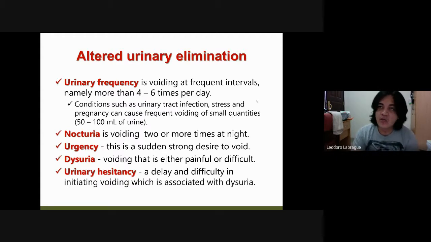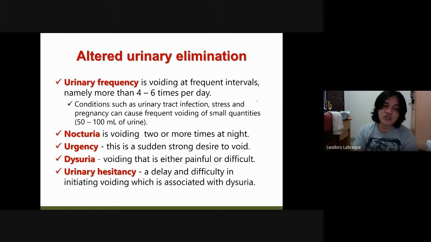Dysuria is one of the worst forms of urinary problem because it refers to painful urination. When the patient urinates, the patient might experience pain. That is common if the patient has infection or some stones in the kidneys. It's very painful. We call it dysuria.